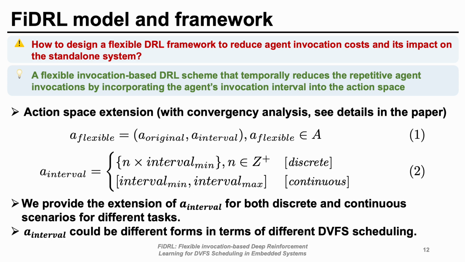To make things more specific, we define A_flexible, which is a new action including the original actual action taken by the agent, which is A_original, and A_interval means how long the A_original will take. And A_interval could be either discrete or continuous, depending on the way of usage. We also provide a convergence analysis to prove that this kind of extension is valid and effective. The detailed proof can be found in our paper.